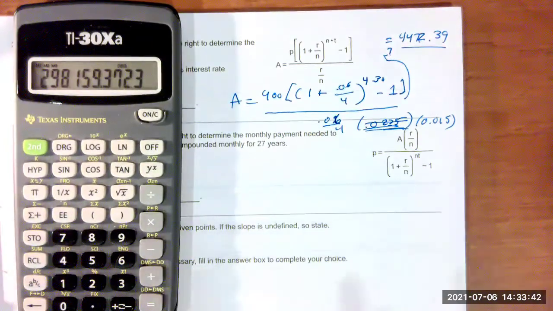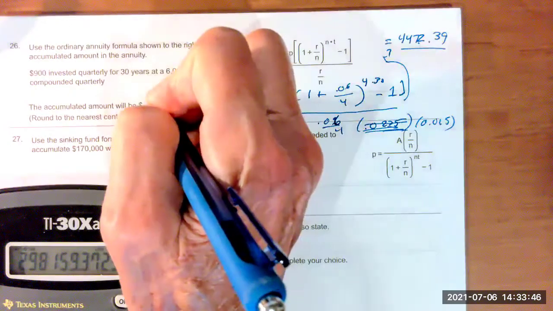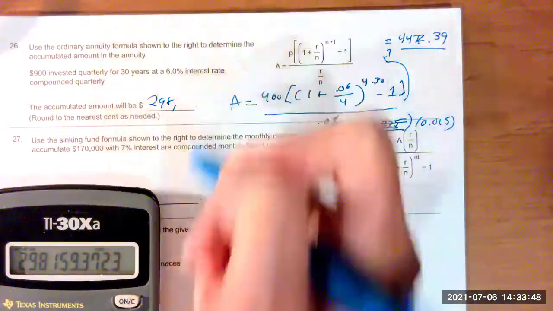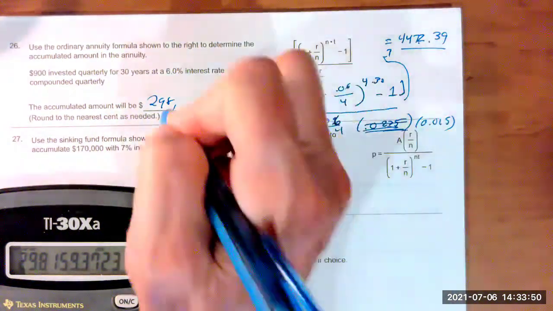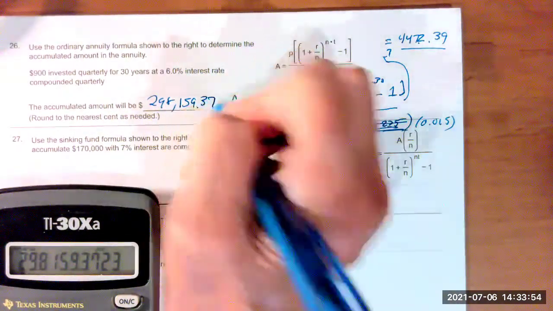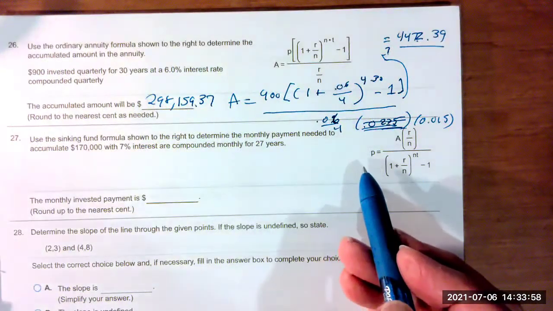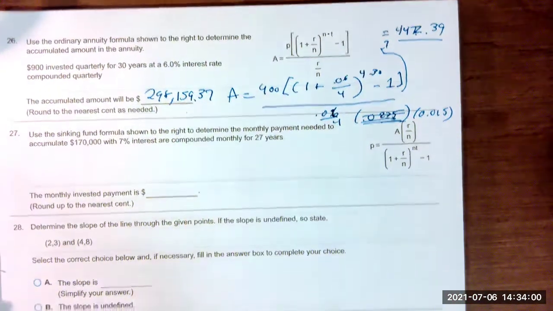There we go. That's got the right answer now. Let me put it over here. So it should be 298,159.37. My apologies. I wrote the number incorrectly down here, and that's why I was getting the wrong answer. But this is the correct answer here.